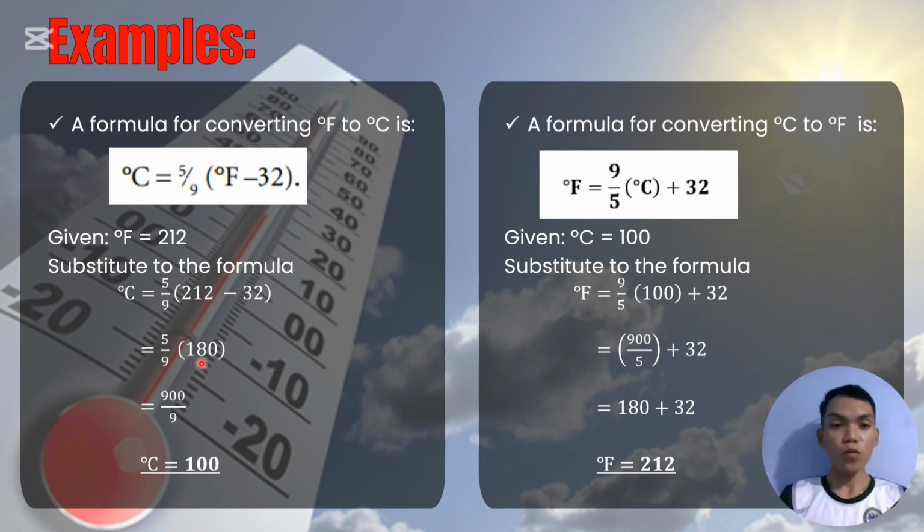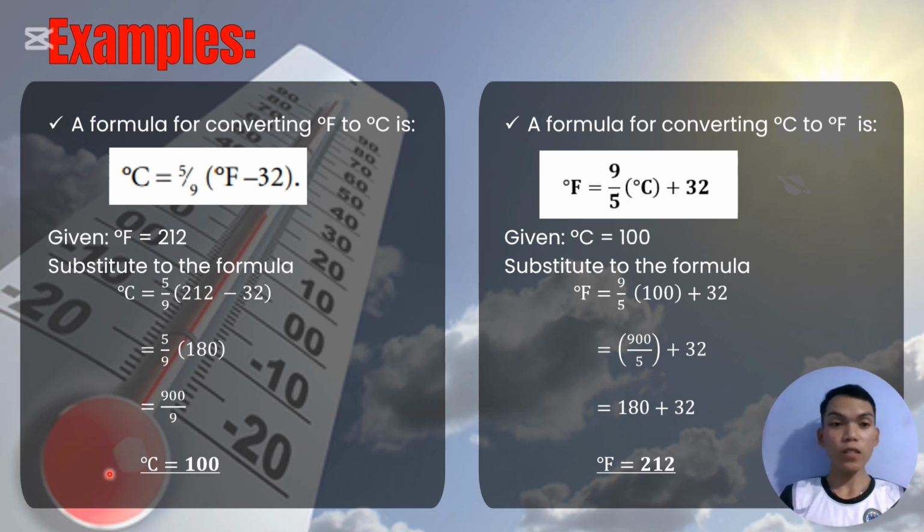So to find the answer, we're going to multiply 180 by 5 and divide by 9. First we multiply 180 by 5 and we get 900 over 9. So the final step is 900 divided by 9, so we get the answer 100.